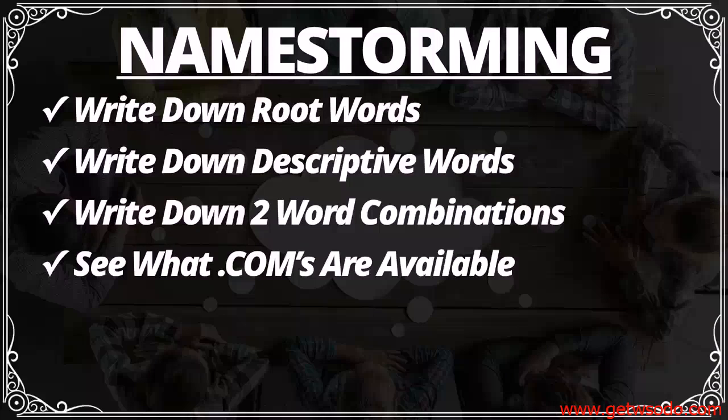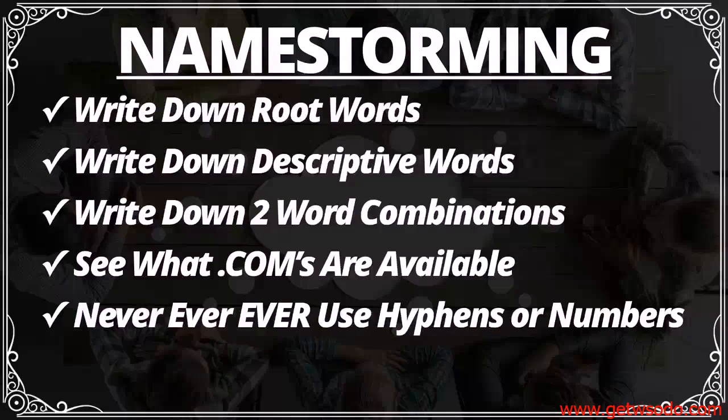I can argue for hours about why .nets, .cos, .ios, .orgs, and all those other domain extensions are worthless, but instead of wasting both of our time, just please take my word for it and always, always, always get the .com. And also, when you are seeing what .coms are available, which I'm going to show you how to do in just a moment, never, ever, ever use numbers or hyphens in your domain name.